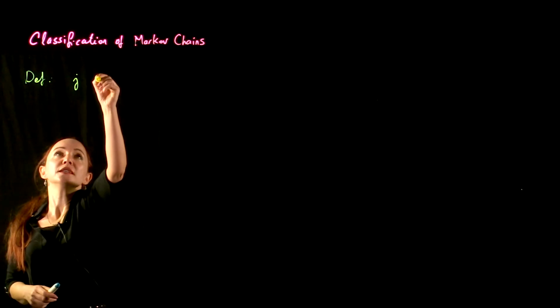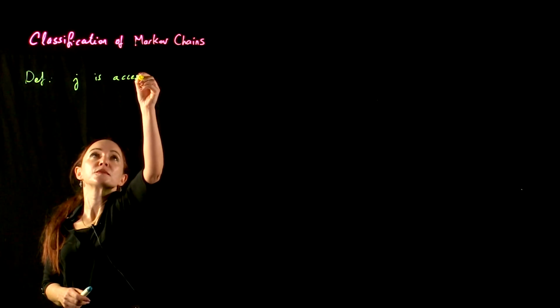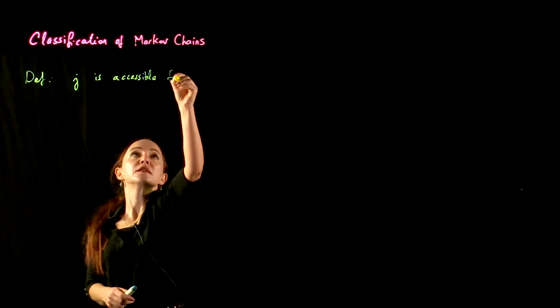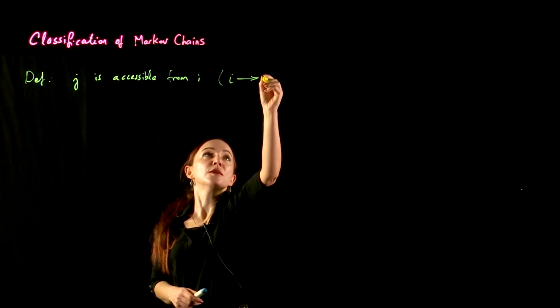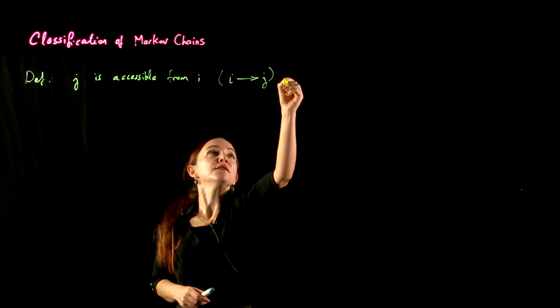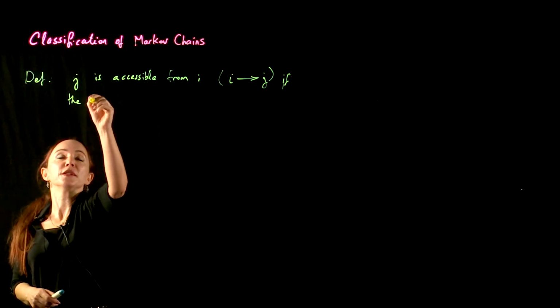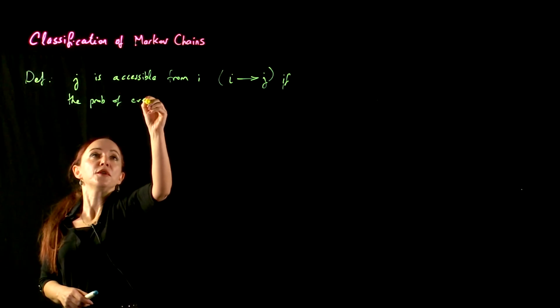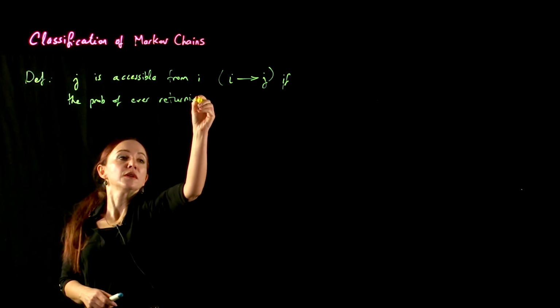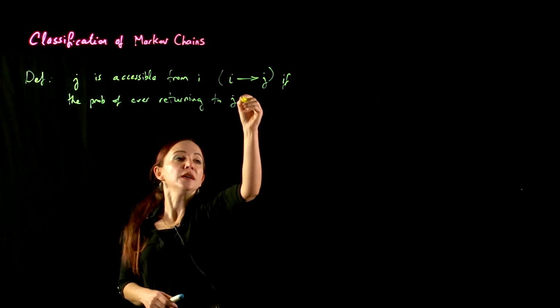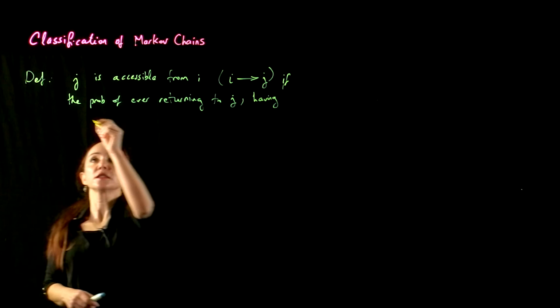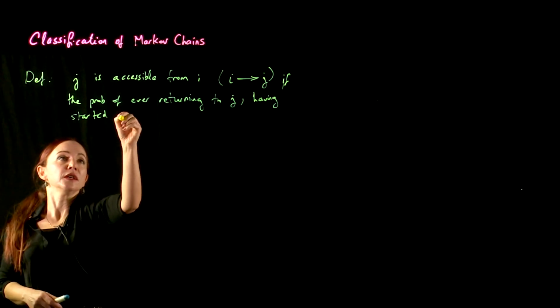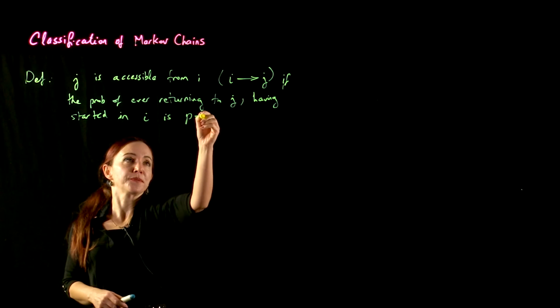First, in a Markov chain, a state J is said to be accessible from a state I, and we denote this as I → J, if the probability of ever going to J, having started in I, is positive.